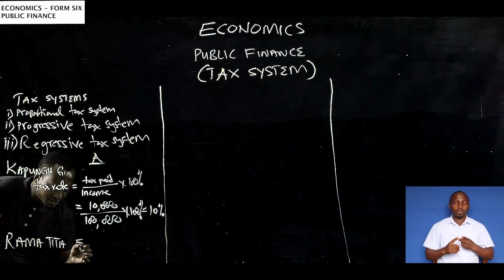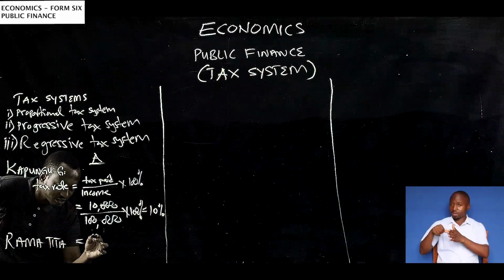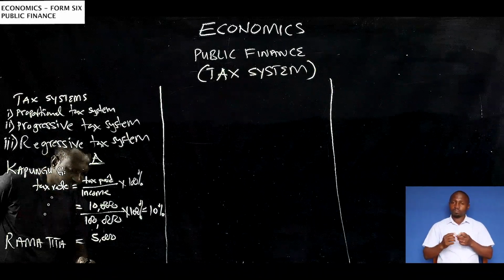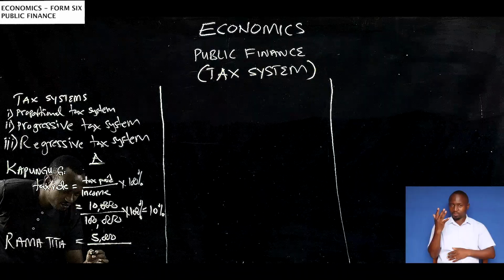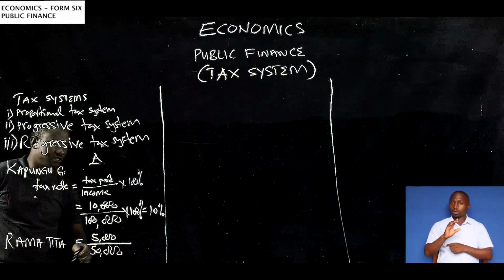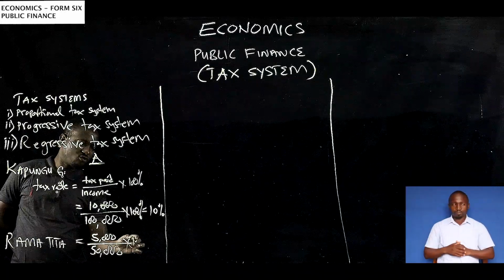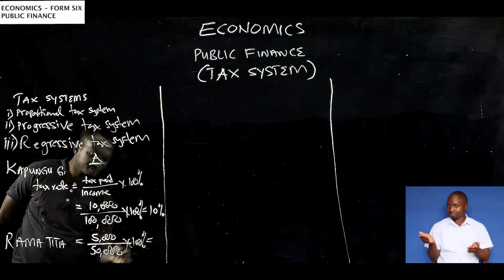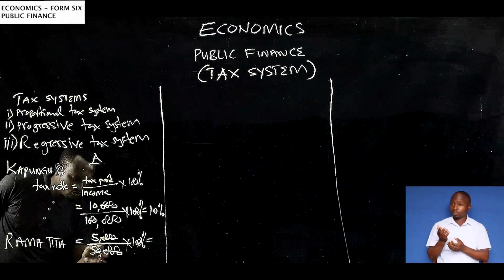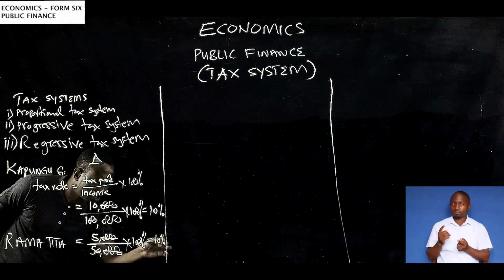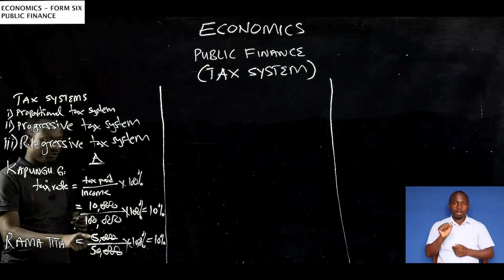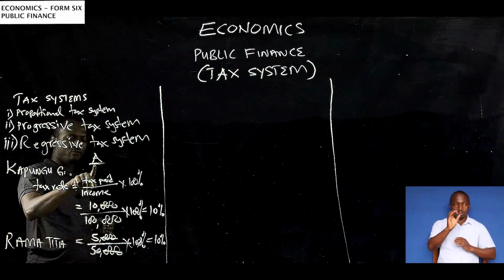Tax paid by Ramatita is seen to be 5,000, while his income was 50,000. Times 100% here, we get also 10%. So Ramatita paid 10% of his income at column A.